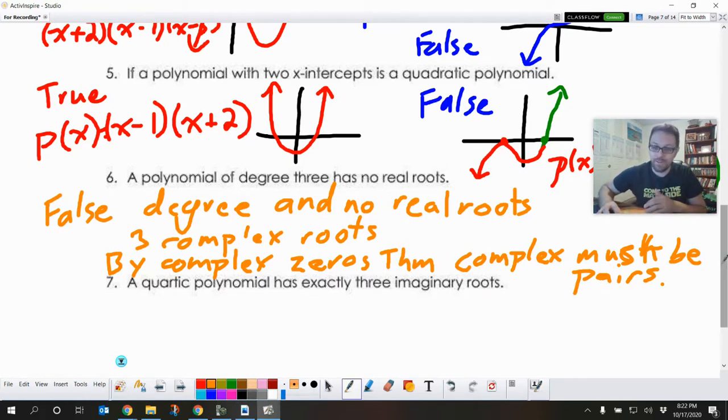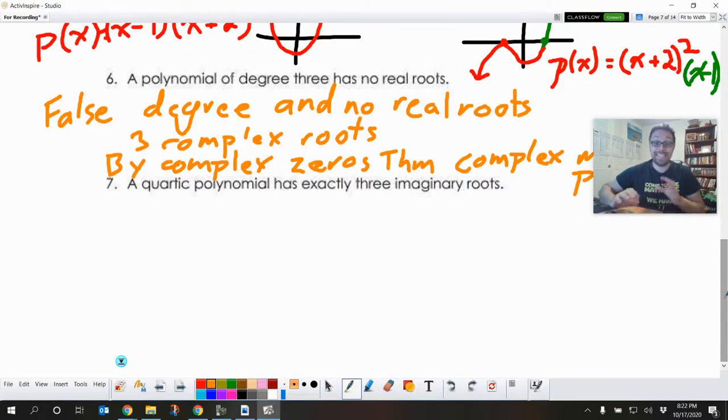Okay, let's try another one. A quartic polynomial has exactly 3 imaginary roots. You can see this one's already going to be basically the same thing. Exactly 3 imaginary roots? No. Same problem, different story. Exactly 3 imaginary roots is never going to fly, according to the complex zeros theorem.